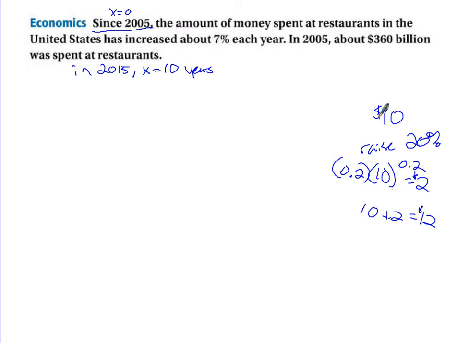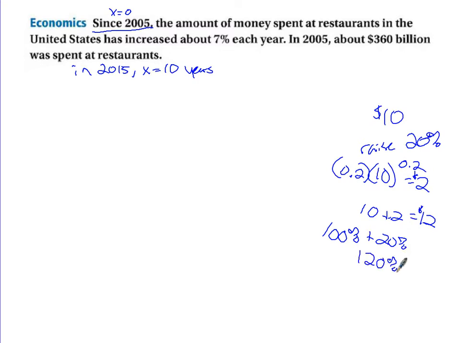We have 100% of our wage. We got a raise of 20%. We found out that's $2. What did we do to that? We added them together. We added the 100% and the 20% together. So if I take 100% and I add 20% to it, what do I get?